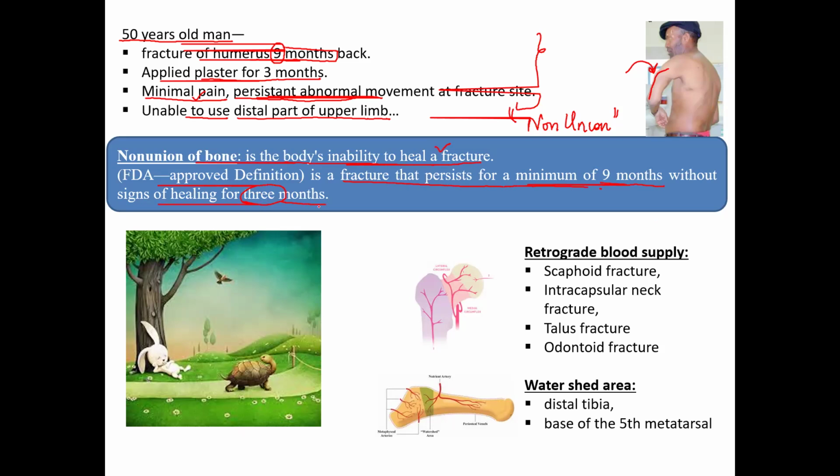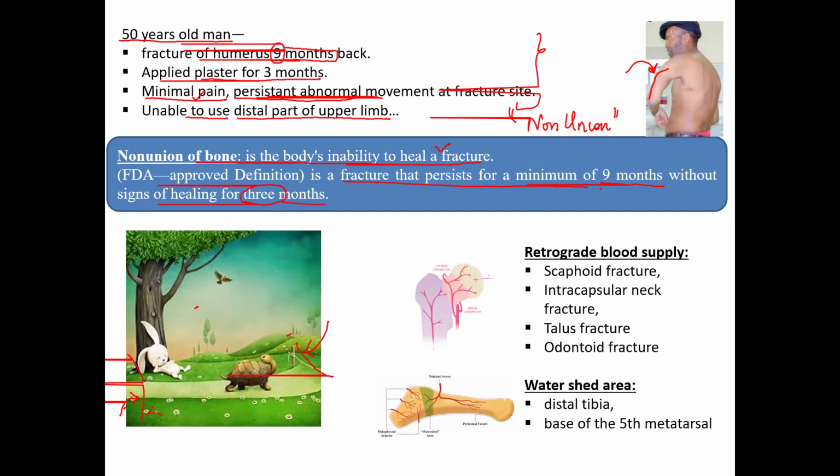Just to clarify this idea, we'll go back to our childhood tale. This is the race between the hare and the tortoise. This is the point where we have the fracture. This is the point where the fracture is going to unite.